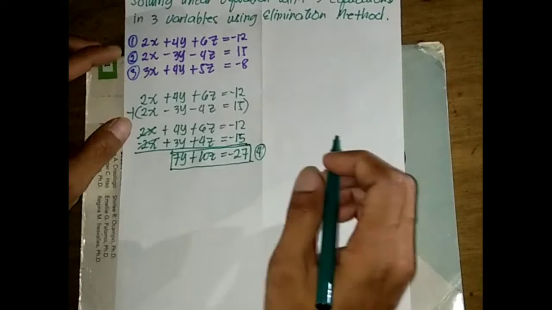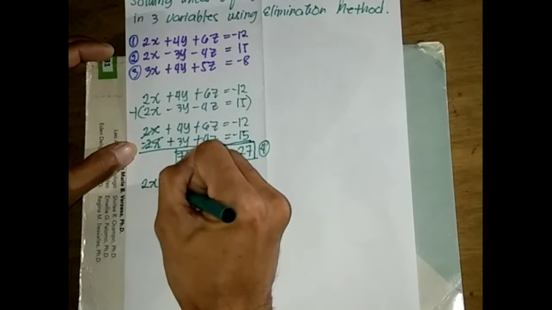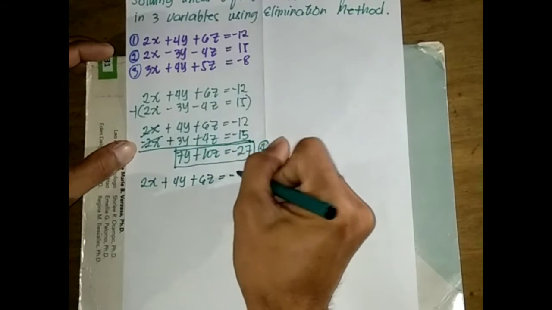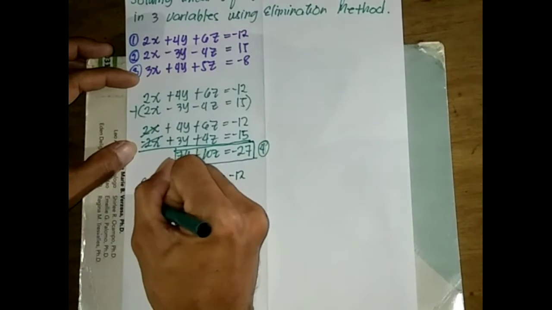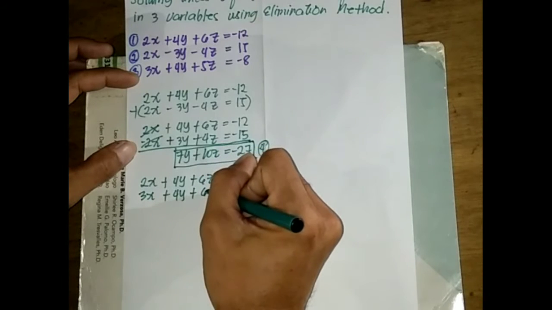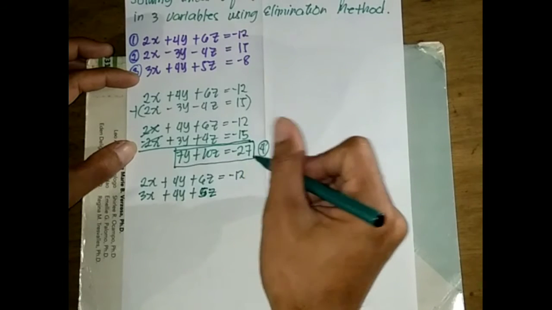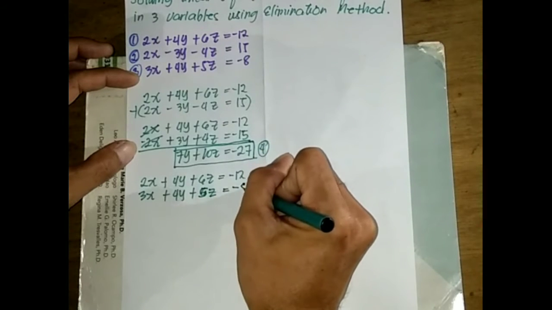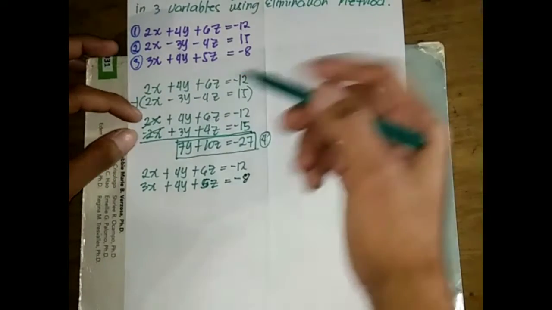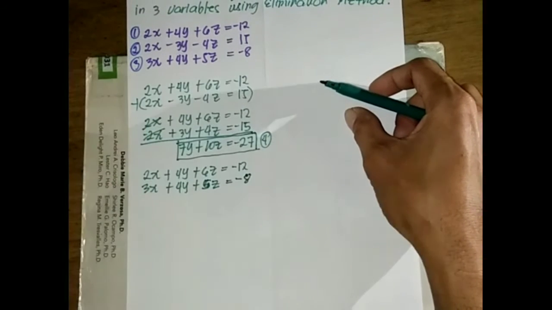Equation 1, kopyahin lang natin 2x plus 4y plus 6z equals negative 12. 3x plus 4y plus 5z equals negative 8. So, kasi x yung tinanggal natin dito sa ating first step, x din yung tatanggalin natin.